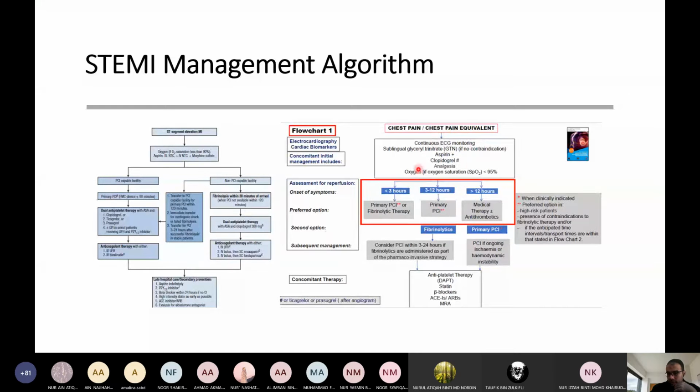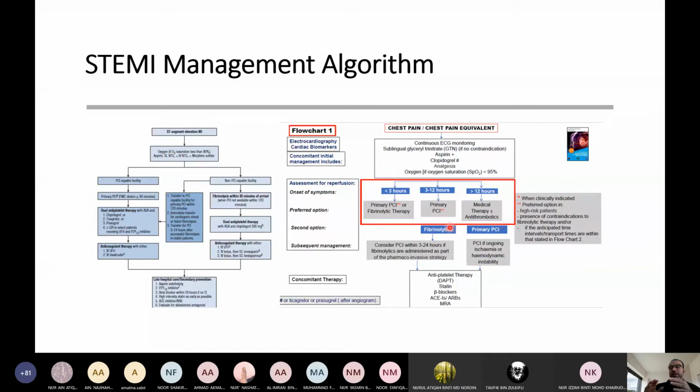Here are the supportive or overall supportive measures that can be done at the very beginning, and here you can see the assessment for the reperfusion, whether the PCI or fibrinolysis is indicated, depending on the onset of symptoms: less than 3 hours, maybe the primary PCI or fibrinolytic therapy; if 3 to 12 hours, it is primary PCI. If more than 12 hours, neither, and you have to go for the medical therapy.